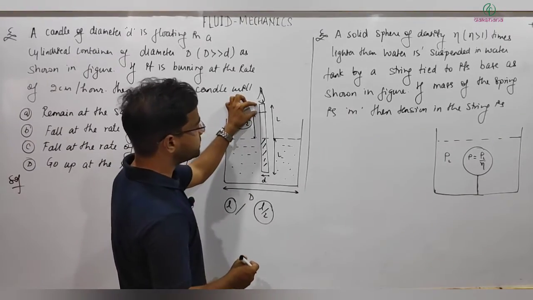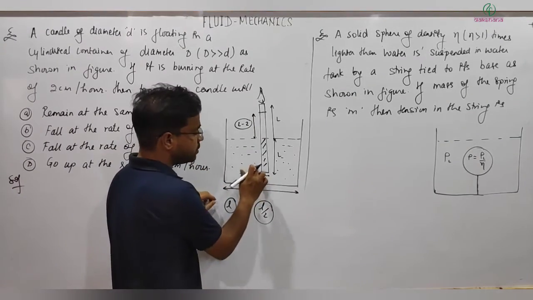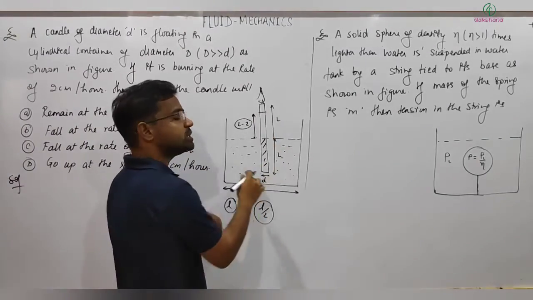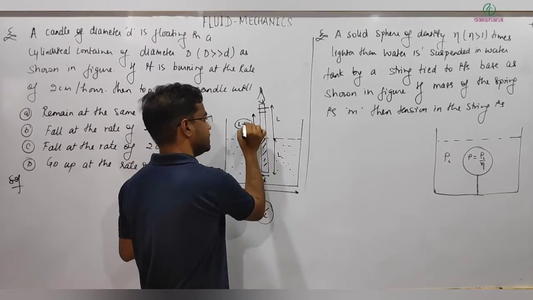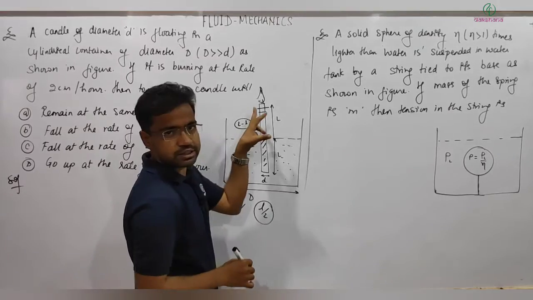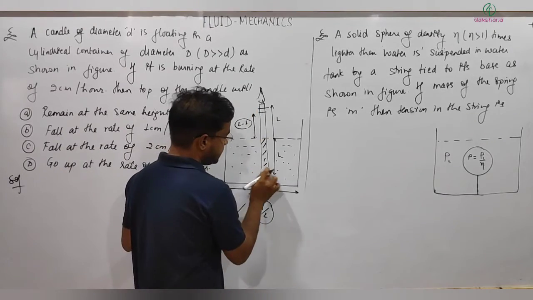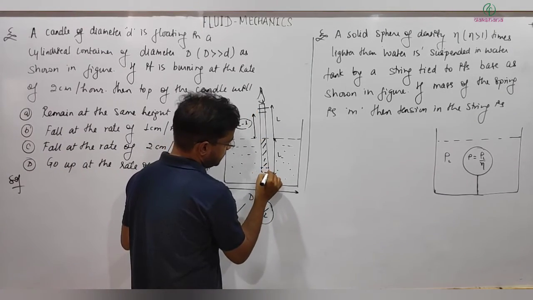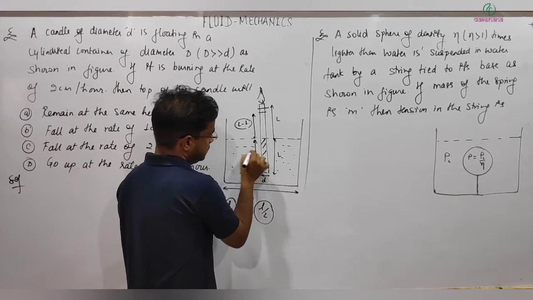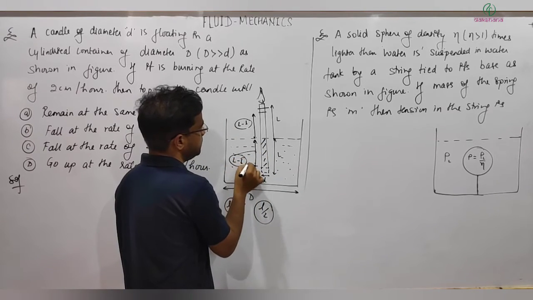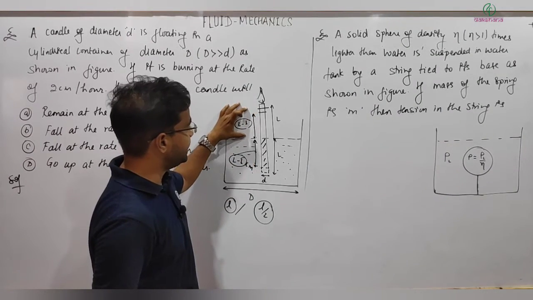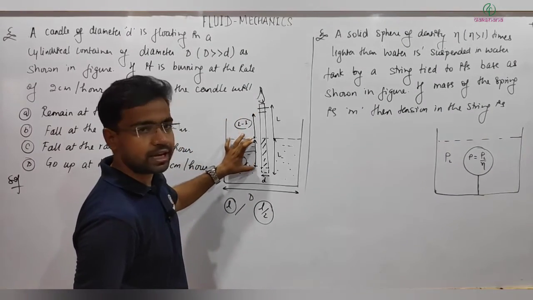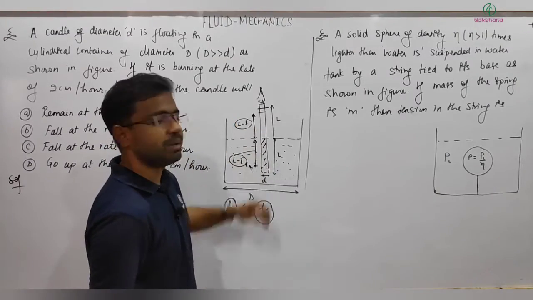So if it decreases by 2, this also decreases by 1, so that both sides are balanced. If it rises by 1 cm, the outside is L minus 1 length, and inside also it rises by 1 cm, so the inside length also becomes L minus 1 cm. Now you can see the outside length L minus 1 cm and the inside length L minus 1 cm balance each other.